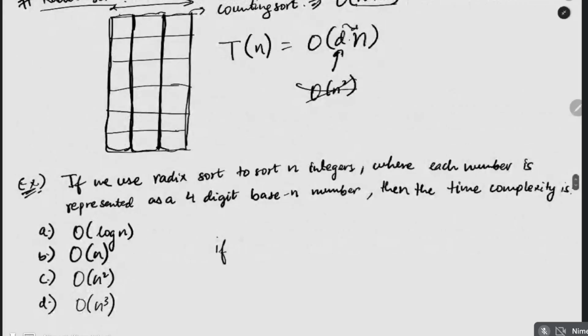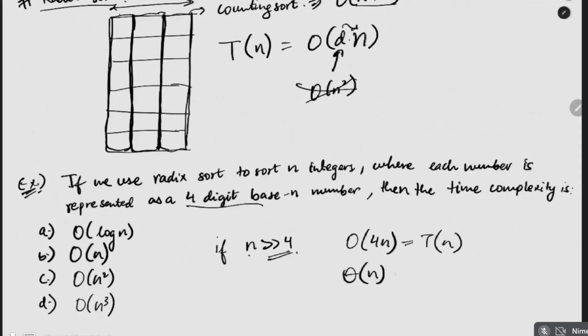If we consider that n is much larger than 4, the number of digits given here, then it becomes O of 4n for the time complexity of radix sort. And since n is much higher than 4, we can write it as just O of n. It's an approximately linear time algorithm.